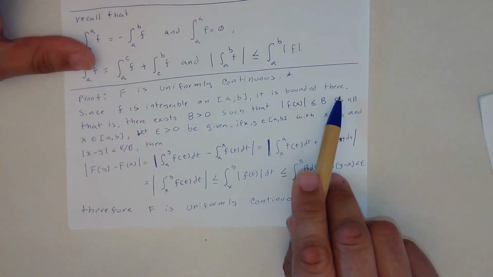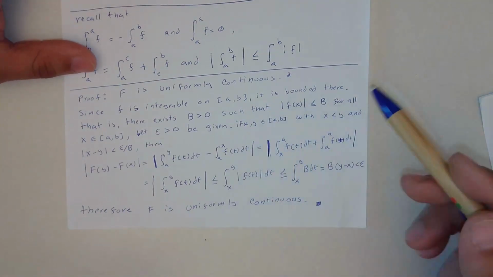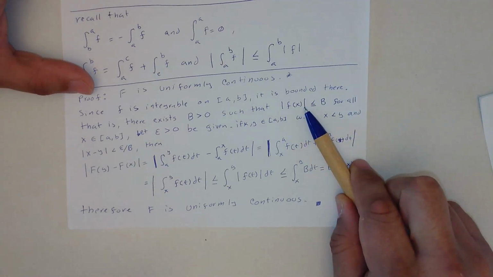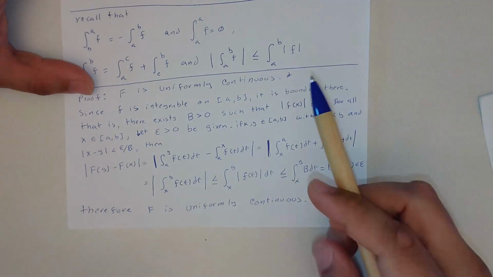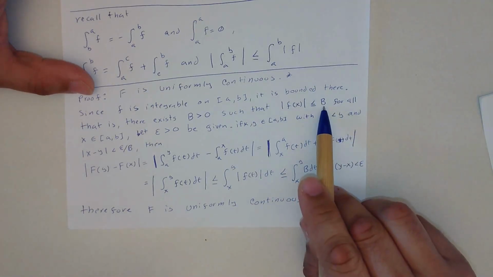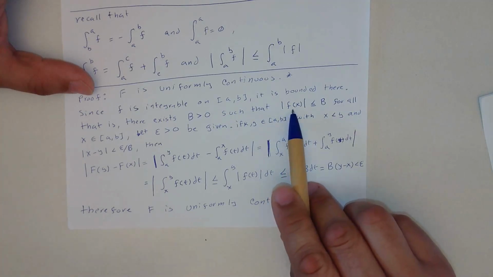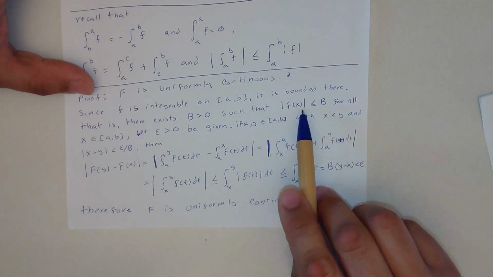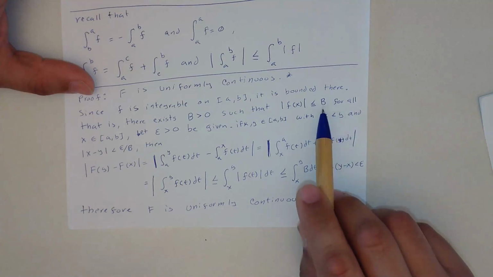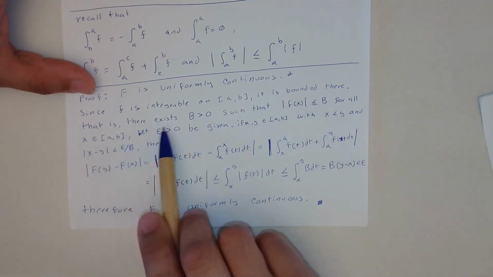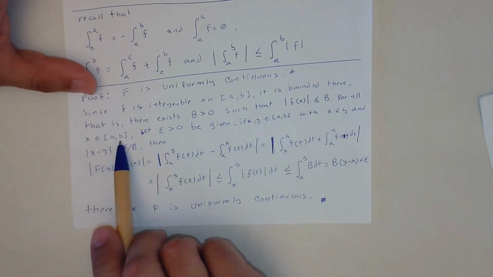That comes from the definition of integrable, that we can bound the function. It's not going to infinity. We have a bound B that is greater than or equal to the absolute value of f(x) for all the numbers in the interval, right?